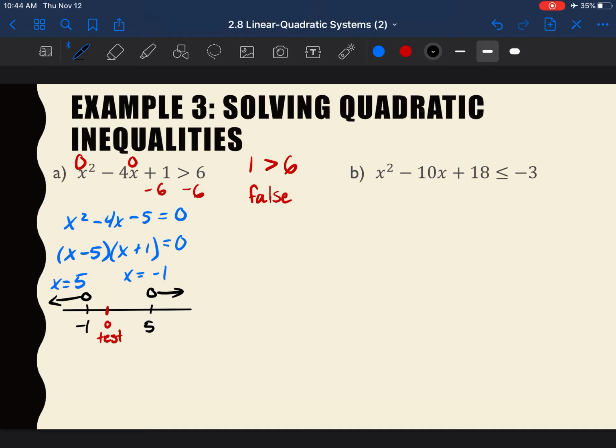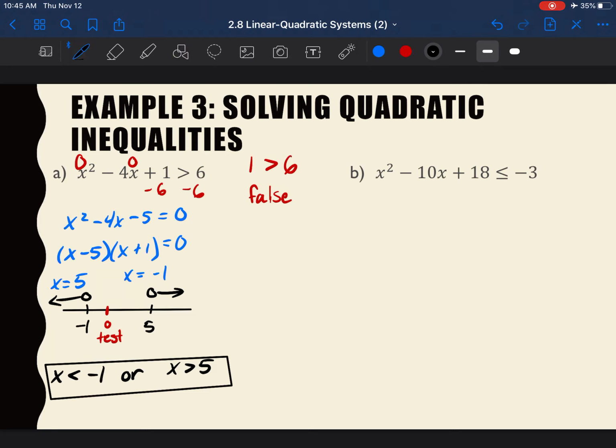So the negative 1, it's going to be x is less than negative 1, because all those numbers over there are less than negative 1. And for the 5, it's going to be x is greater than 5. And because the arrows go in opposite directions, that tells me that this is an OR type of inequality. If the arrows went towards each other, it would have been an AND type of inequality.